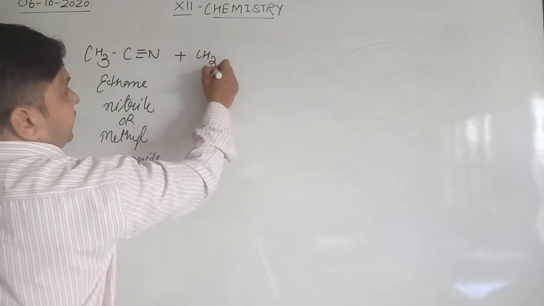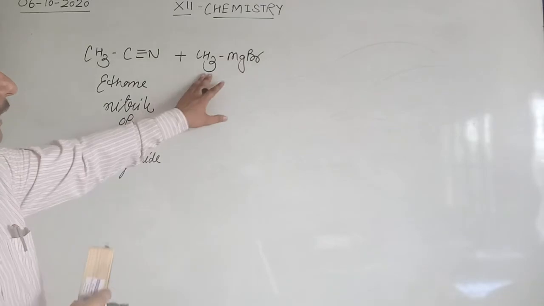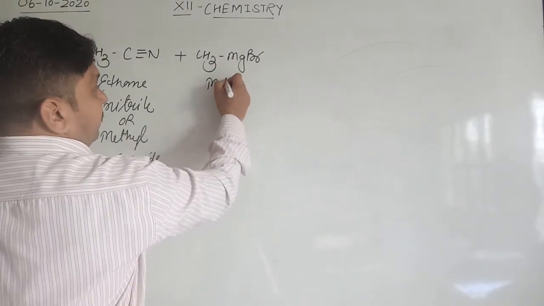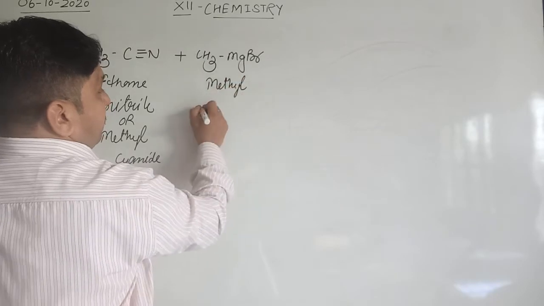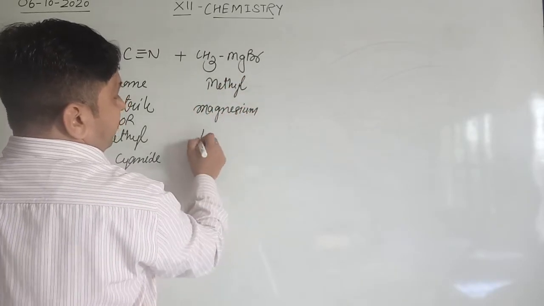If this compound reacts with CH3MgBr, methyl magnesium bromide, it is a Grignard reagent.